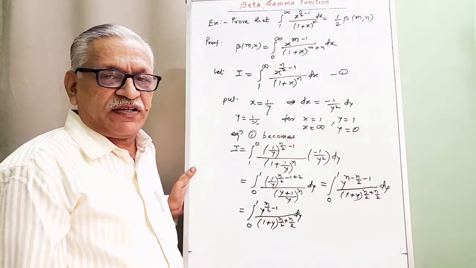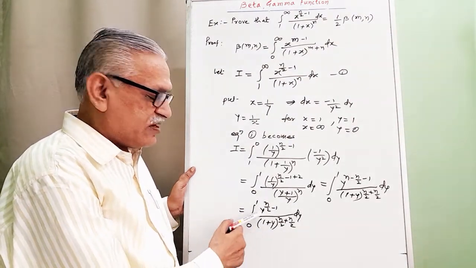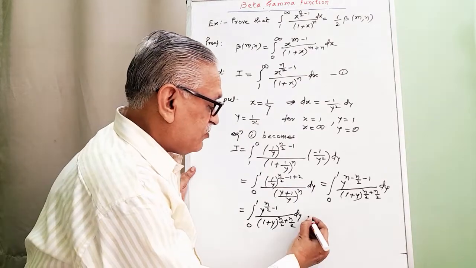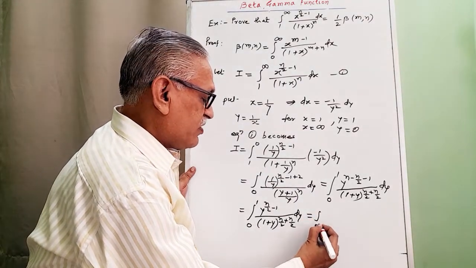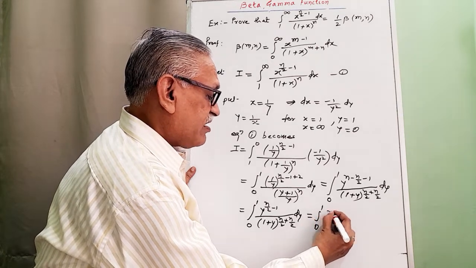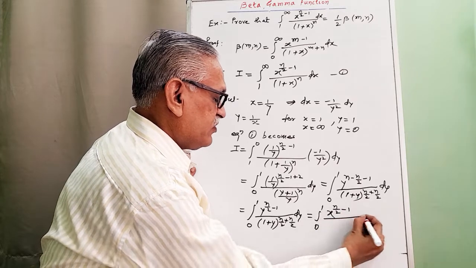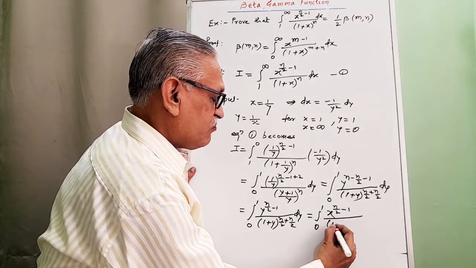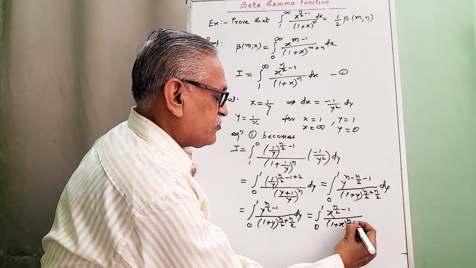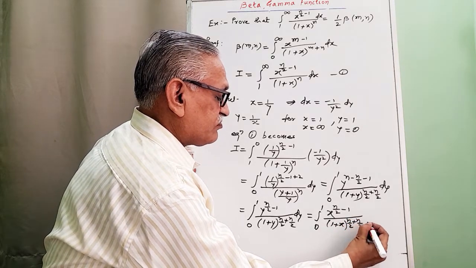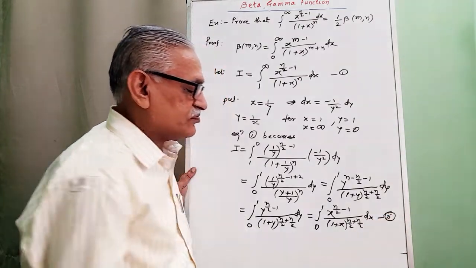We know the property that a definite integral does not depend upon the variable, so I can convert y to x. In terms of x, it becomes the integration from 0 to 1 of x^(n/2 - 1) divided by (1 + x)^(n/2 + n/2). We call this equation 2.